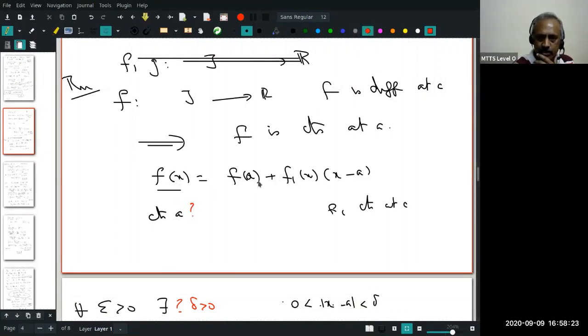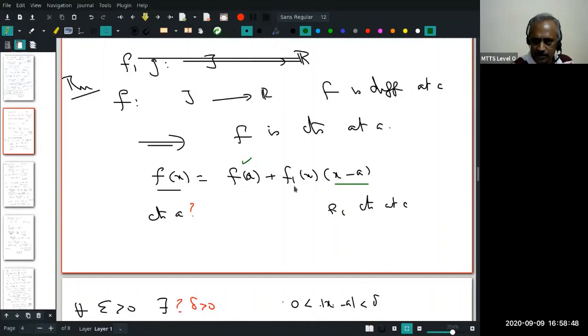But f x equal to f a plus f1 x into x minus a. Now notice that f a is a constant function. Therefore, this is continuous at every point. And x minus a is again continuous at all points. In particular, it is continuous at a. And f1 is continuous at a. Therefore, by algebra of continuous functions, this is the product of continuous functions.